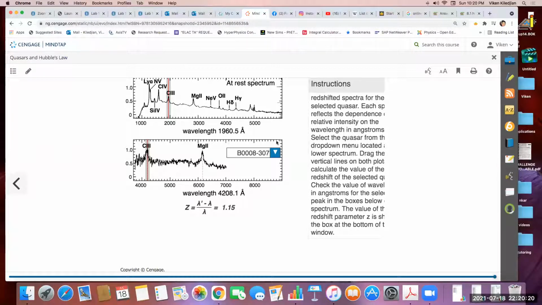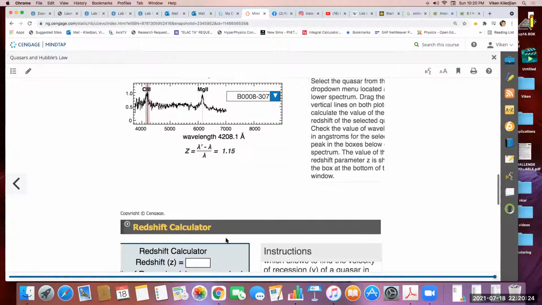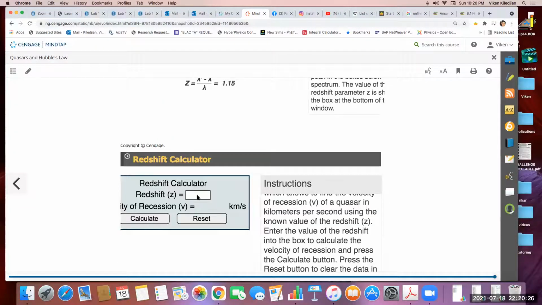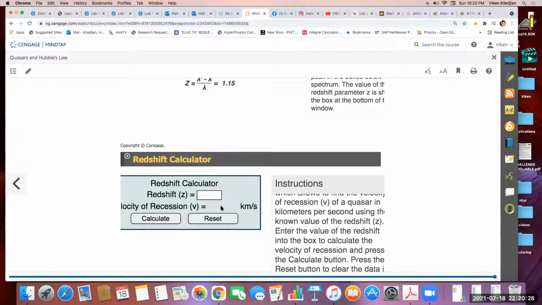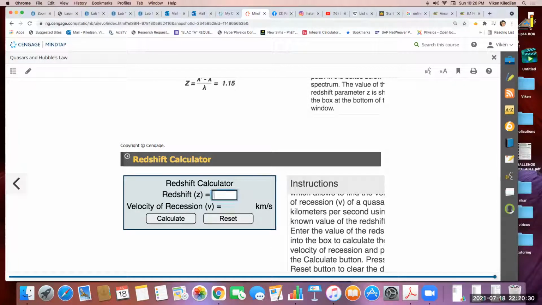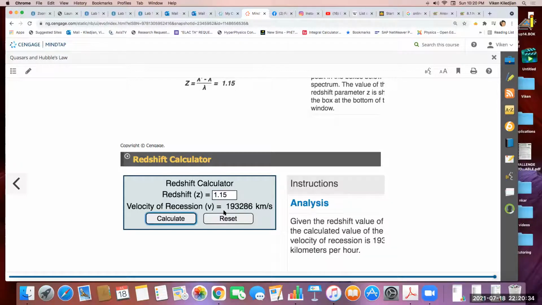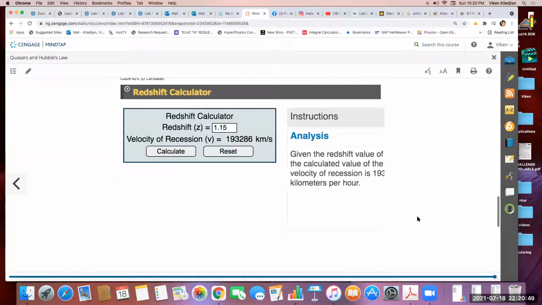Take a snapshot of this, then show your work, then put in that value here, right? 1.15. Then calculate. Okay, that galaxy is moving away from us at a velocity of 193,286 kilometers per second.